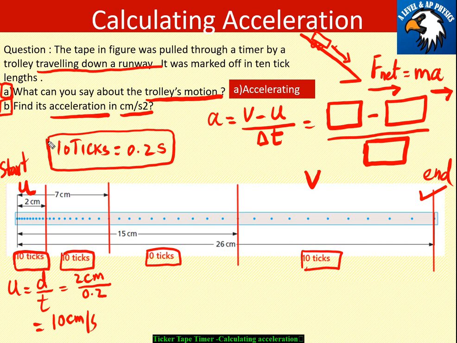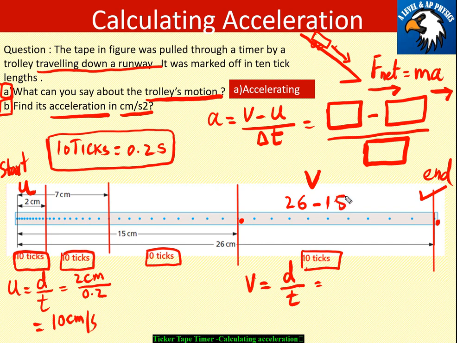Now the next thing is how we can calculate the final velocity. Again, to calculate velocity, we need the displacement and the time. So what does this displacement mean? Displacement from here to here. So this displacement we need to find. The total we can see is 26 until here, so 26 minus 15. If we minus 15, we can find the displacement here.